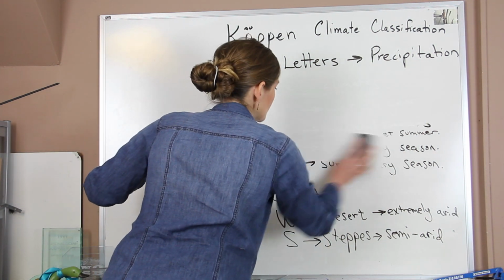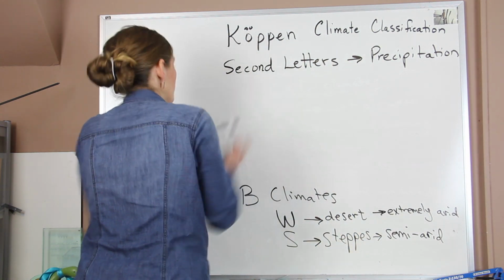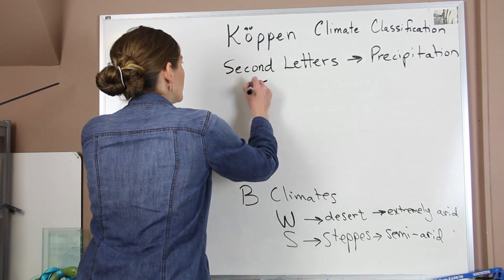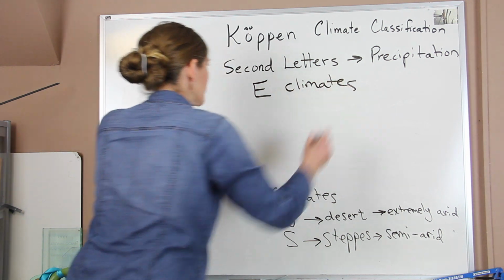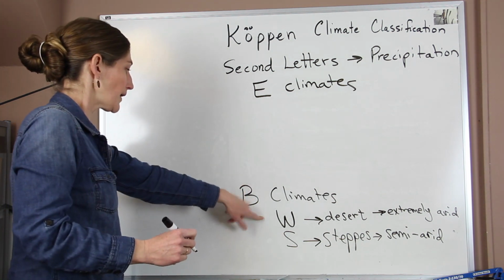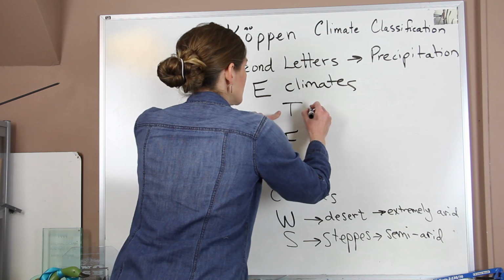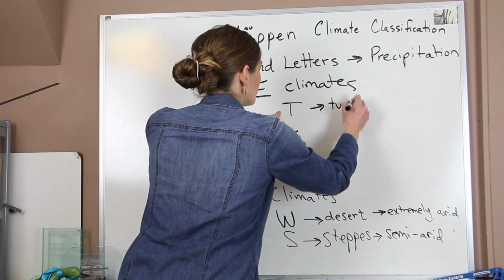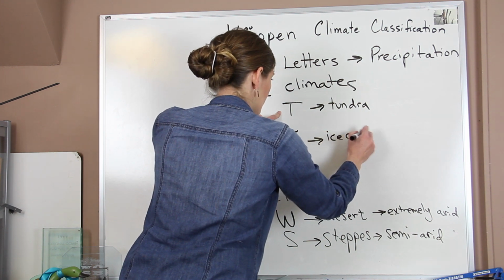I'll just erase this top one. And that's when we look at our polar climates. So our polar climates also have capital letters just like the dry climates, and these are going to be T and F. T stands for tundra. F stands for ice caps.